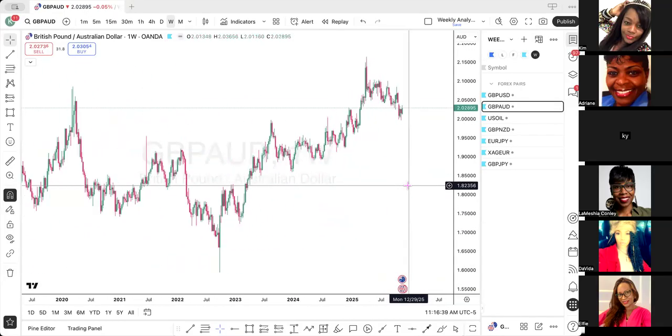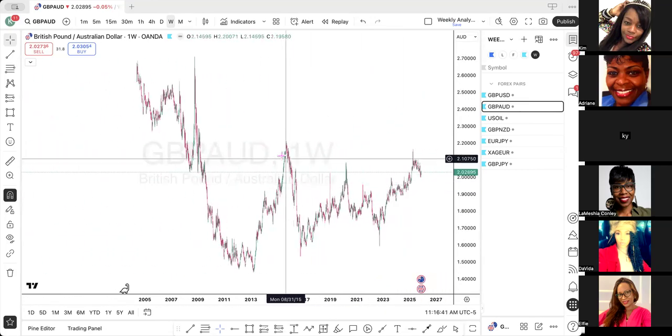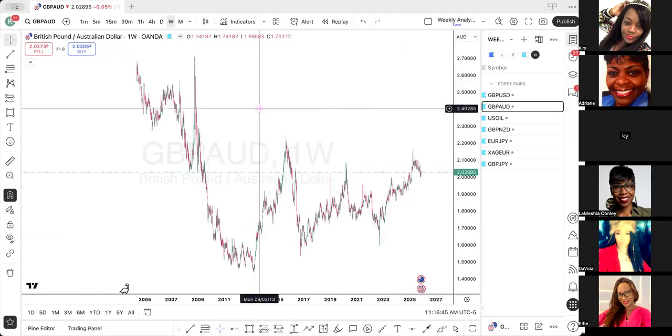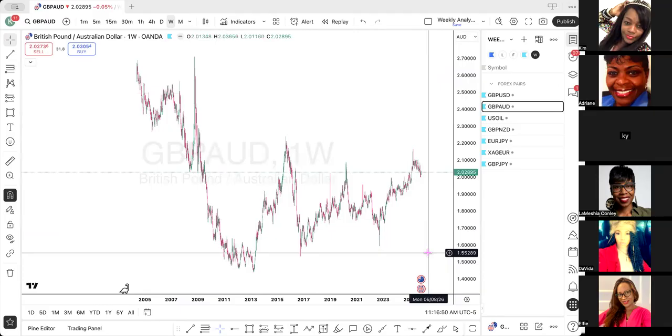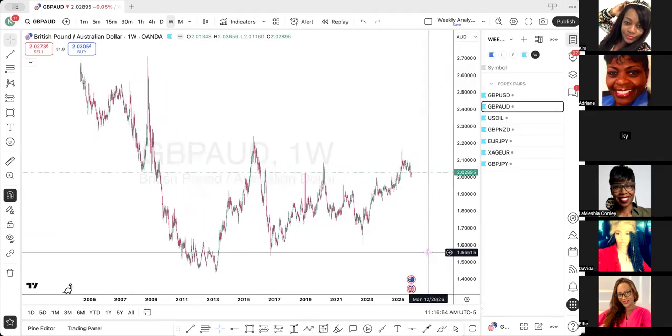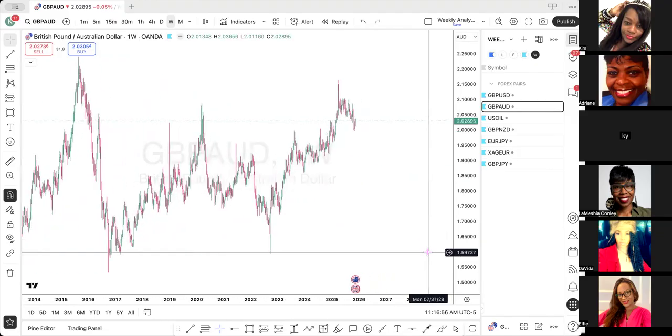Sorry, let me say that. But the bigger picture is at some point we're going up to the premium zone to then start selling. So that's why you have to look at the bigger picture to know where you're going.